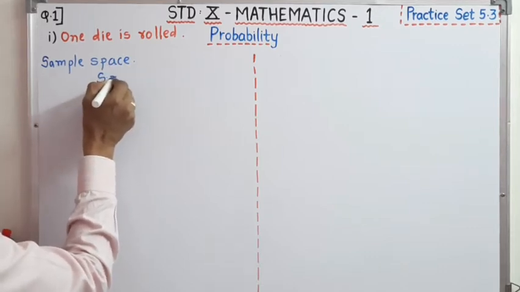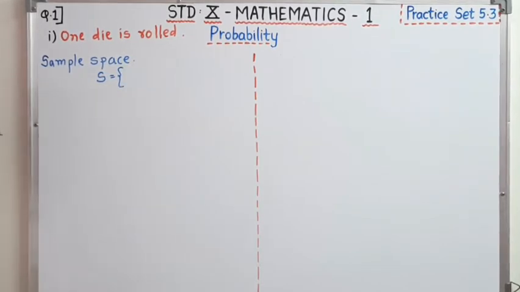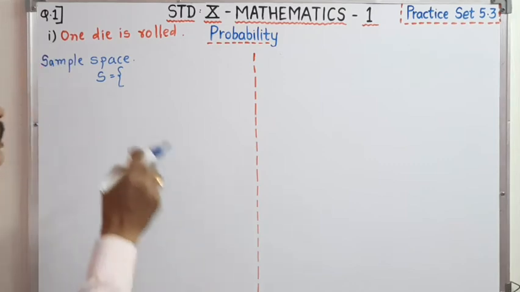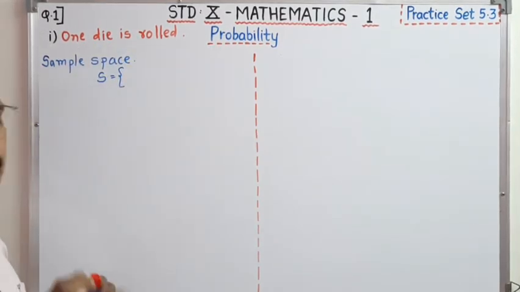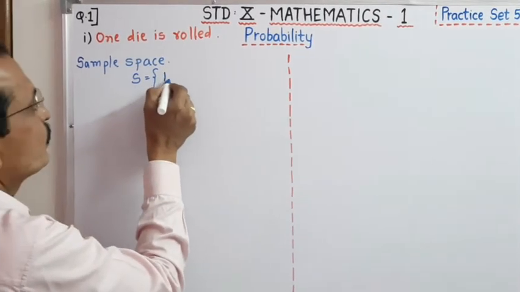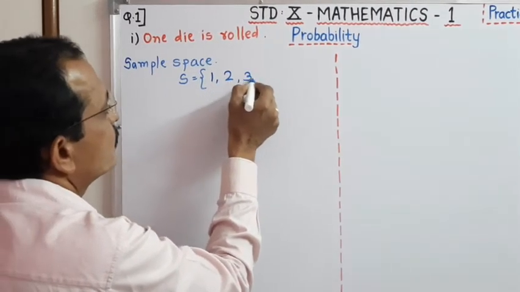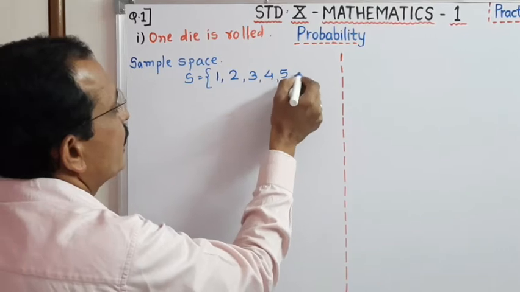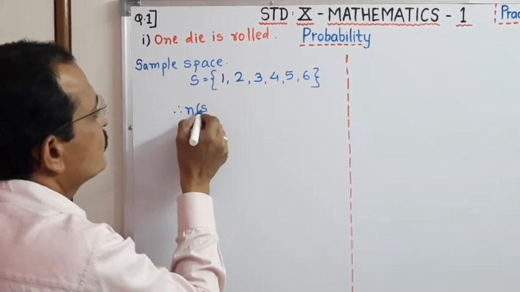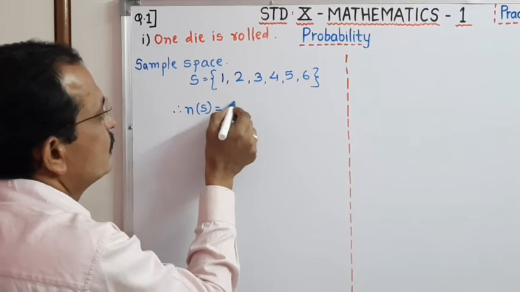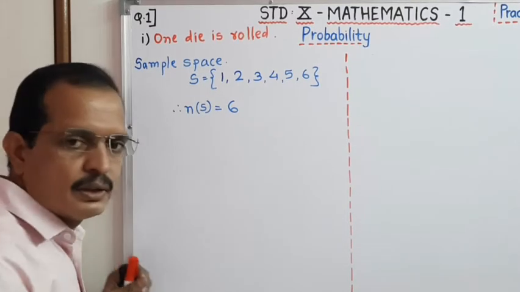Sample space S is equal to, when one die is rolled, then the sample space, all of you know, is 1, 2, 3, 4, 5 and 6. Therefore n(S) is equal to 6.